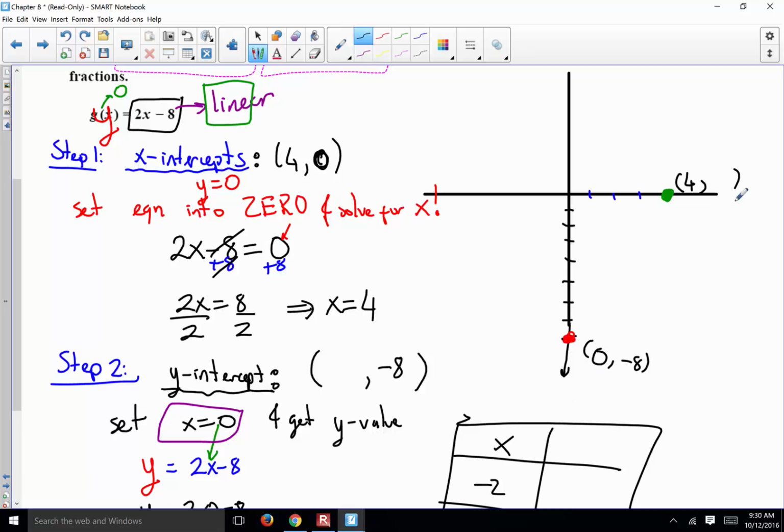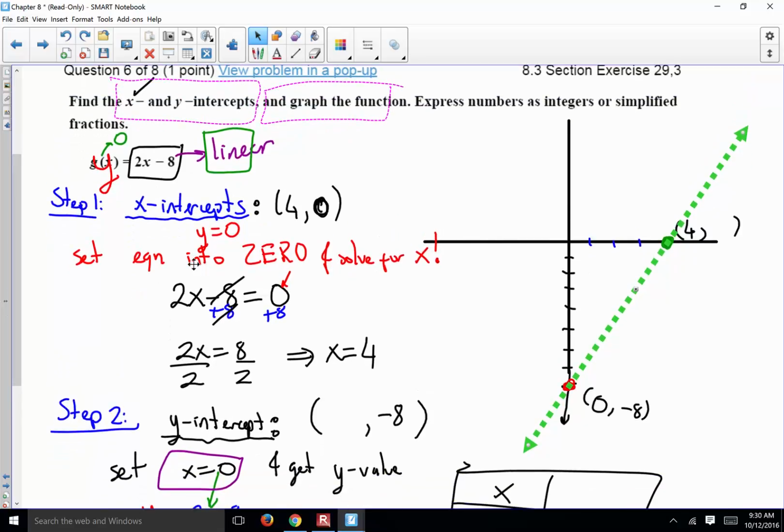A line does not curve; things go straight. It's going to go straight through these points. So you can just connect those dots and extend beyond them in the same direction. Connect them and extend, and you're done with the graph. That's it. So finding x-intercept and y-intercept actually gives us directly the graph of the linear equations. You don't need any extra work because lines are so simple.